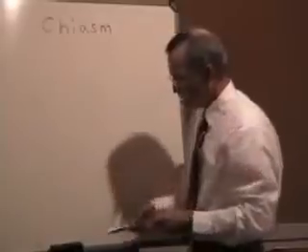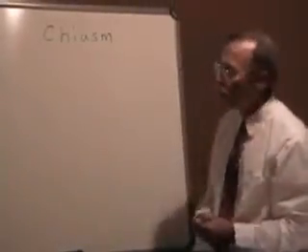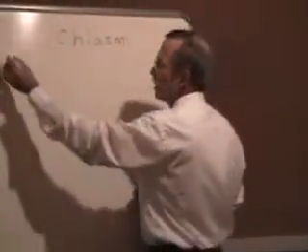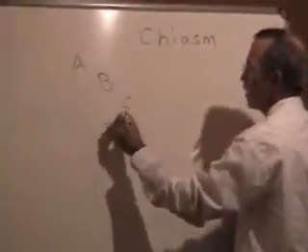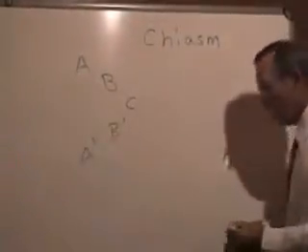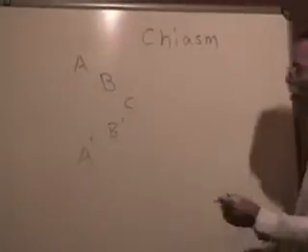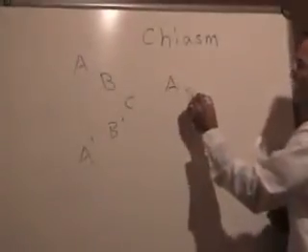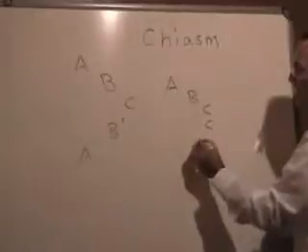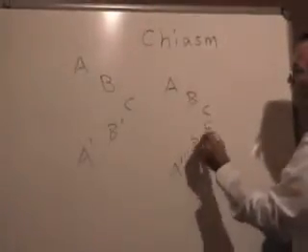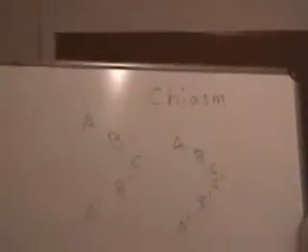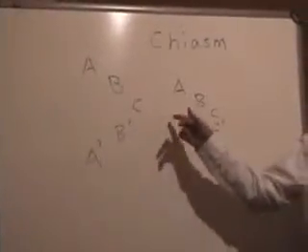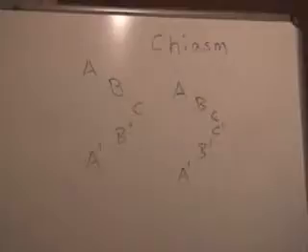The chiasm. This is a literary device that follows a pattern of, let's say, A, B, C, B prime, A prime. And it can be simple, it can be complex, it can be A, B, C, C prime, B prime, A prime. It can take several different forms, but it always forms some kind of an arrow, and the central focus is the chiasm.